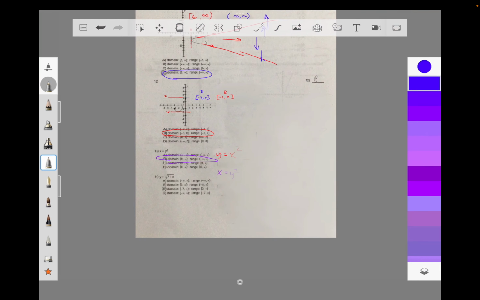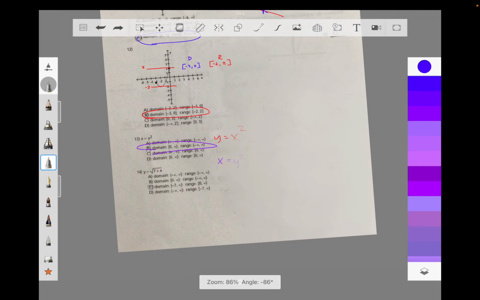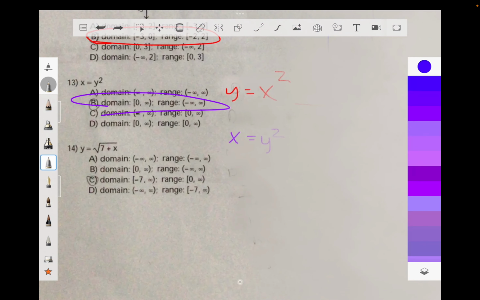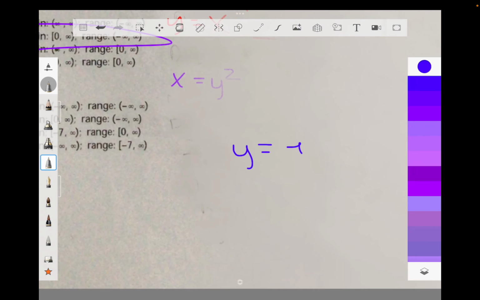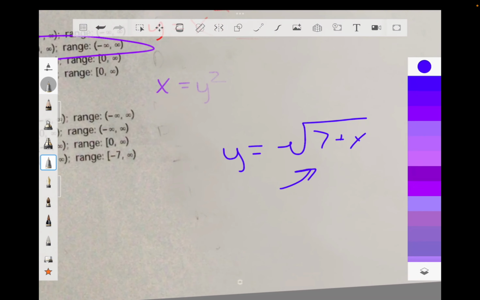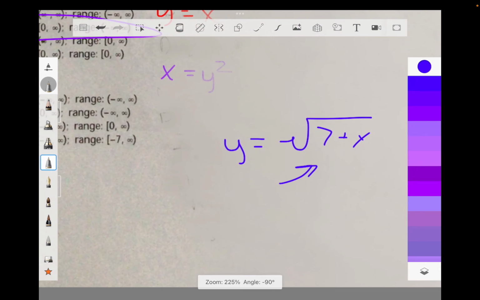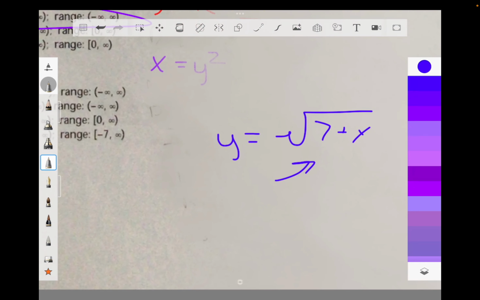For y equals root 7 plus x, an important thing you would want to know is that in your cases, you never want a negative in a square root because that deals with imaginary numbers, and you personally don't want to deal with that. So always try to keep whatever's in here positive or 0.